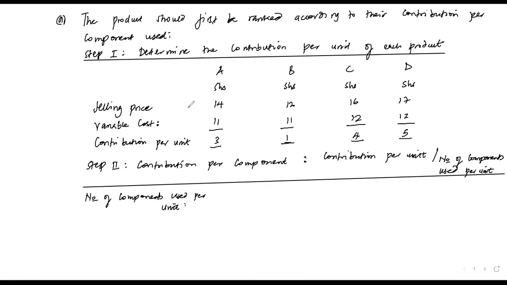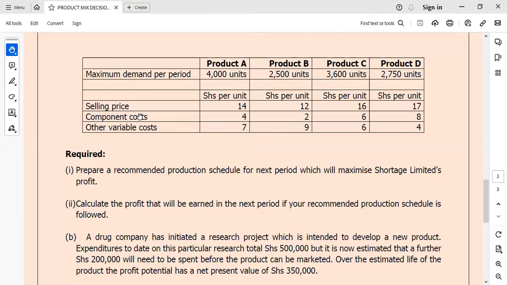To take you back briefly to the question, they are giving us the component cost, what they incur to make a unit of each product. Product A it's 4, product B it's 2, product C it's 6, then product D it's 8. We don't need the other variable cost.